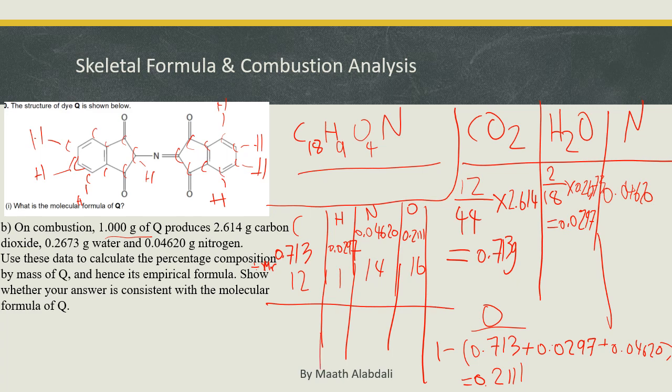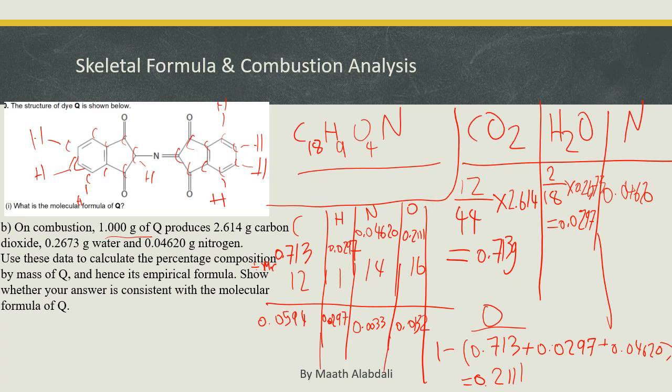And when you divide, you should get an answer of 0.0594 for carbon. This one is 0.0297, and this one is 0.0033, and then this one is 0.2111 divided by 16, which is 0.0132.